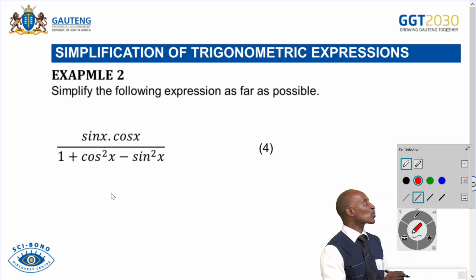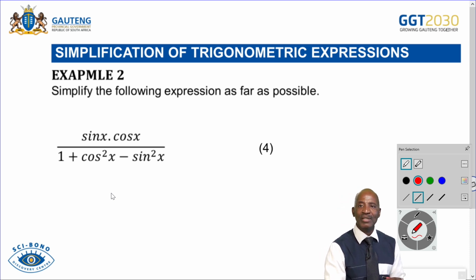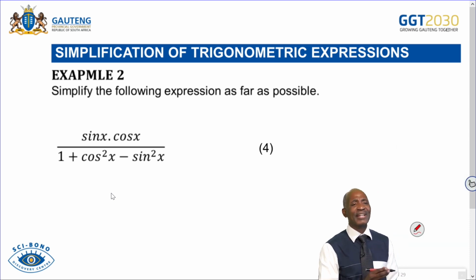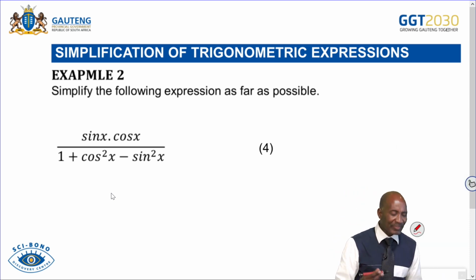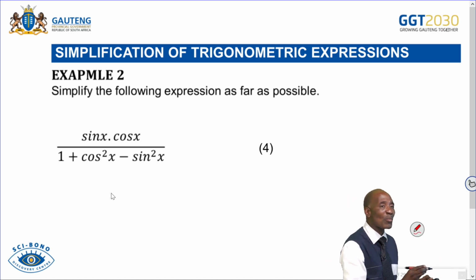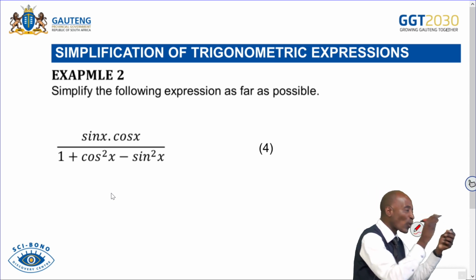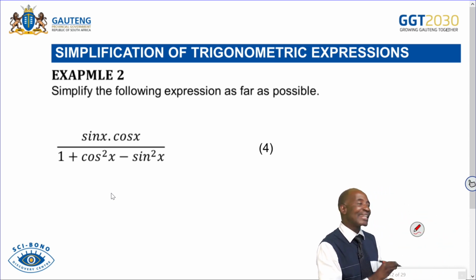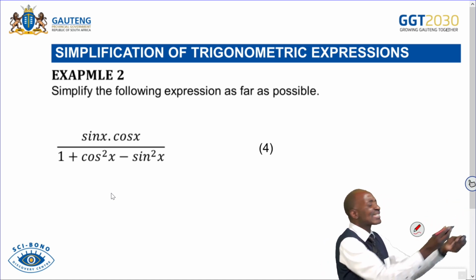The question example 2 says, simplify the following expressions as far as possible. This takes us back again to simplification of fractions in lower grades, simplification of algebraic fractions. If you want to understand trigonometry, never divorce it or detach it from algebra and general simplification of fractions. Because you can see this is a fraction.